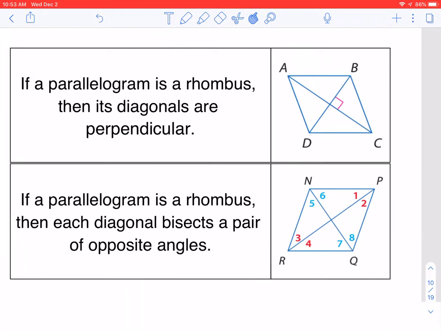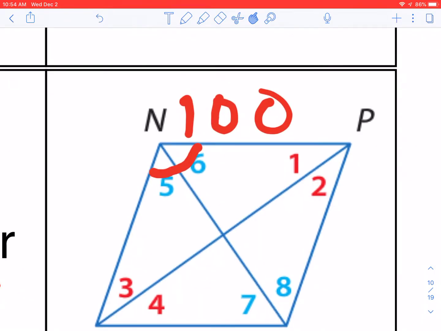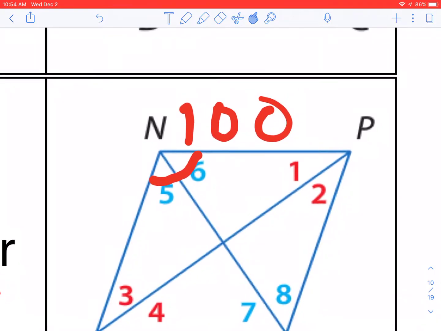Okay, the other property is the diagonals bisect the opposite angle, right? So if this angle here was 100, let's zoom in, then each of these would be 50, right?